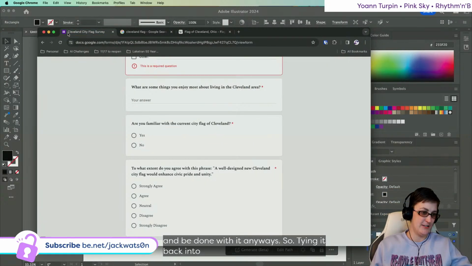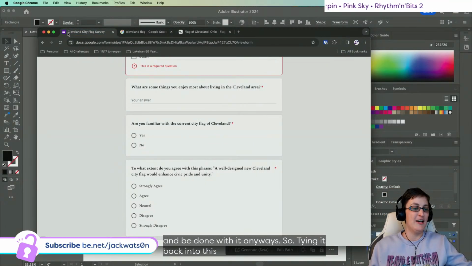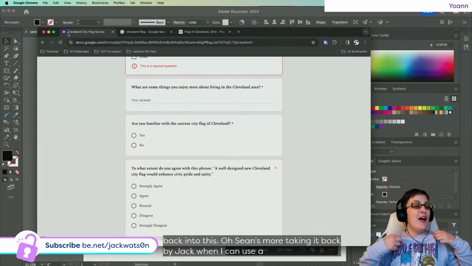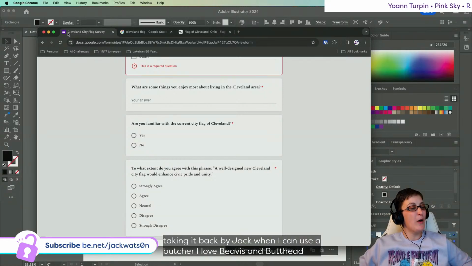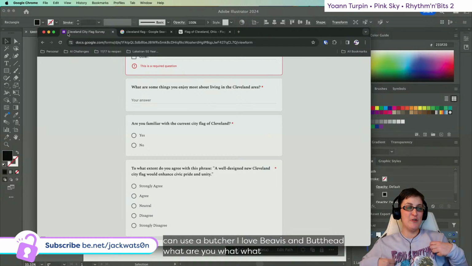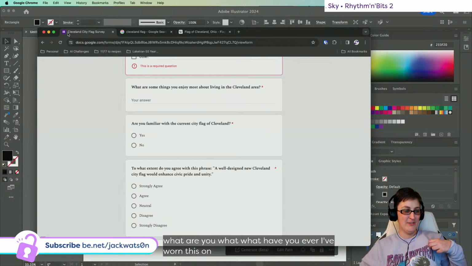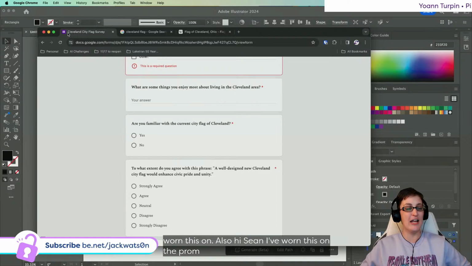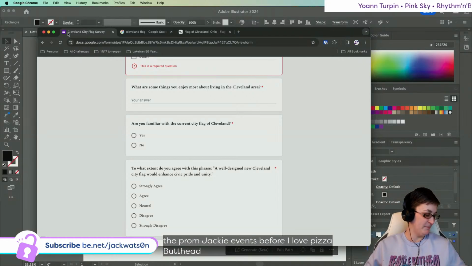Anyways, tying it back into this. Oh, Sean's more taken aback by Jack wearing a Beavis and Butthead shirt. I love Beavis and Butthead. Hi, Sean. I've worn this on the prom jockey events before. I'm a huge fan.